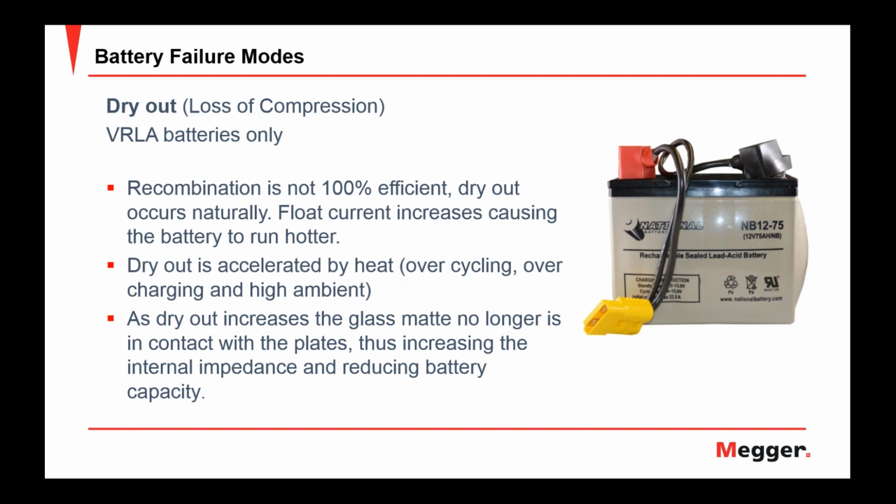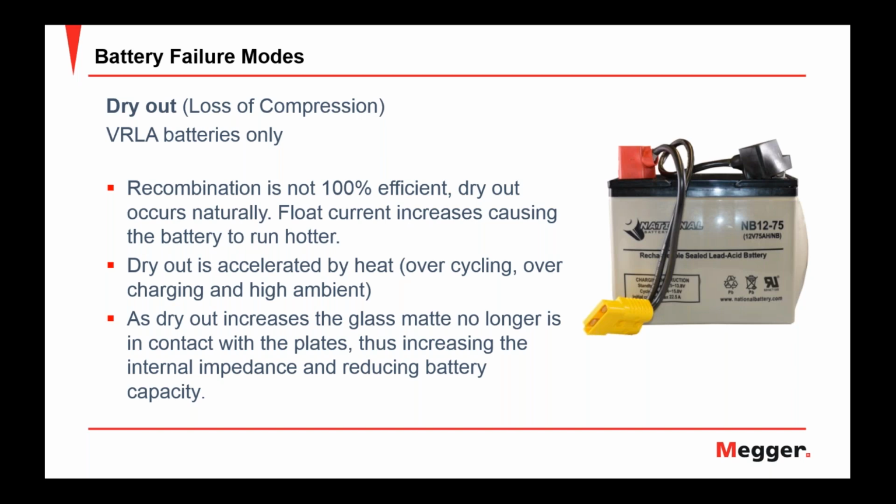Now, what can accelerate that dry out? Heat can accelerate it. So what can create the heat in the battery? Overcycling, overcharging, very high ambient temperatures. And now think about it. As the battery dries out, there's less electrolyte in it, so it's going to draw more float current.